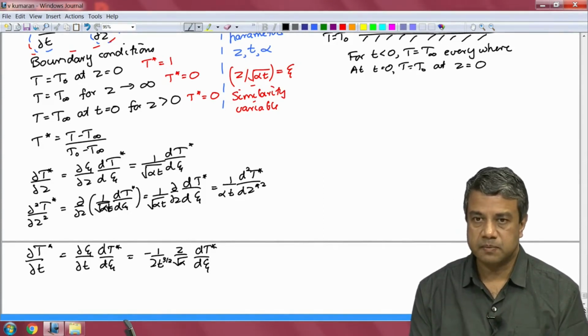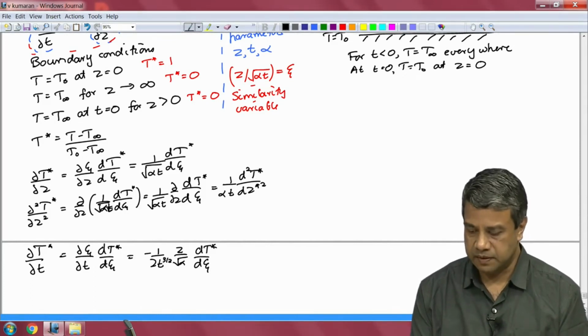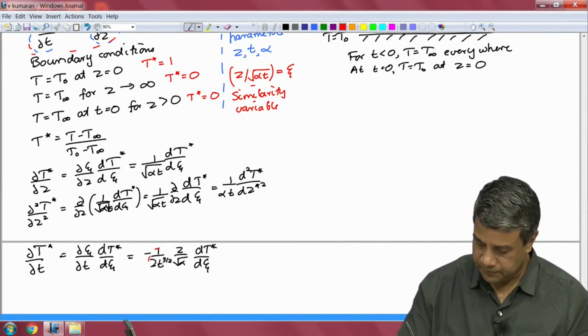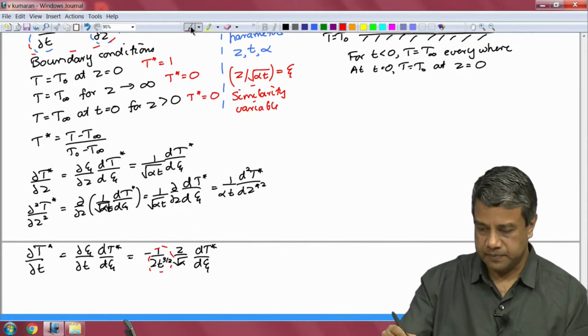So psi was z by root alpha times t power half. The derivative of t power half is minus half t power 3 by 2. That is this first term here, times z by root alpha.